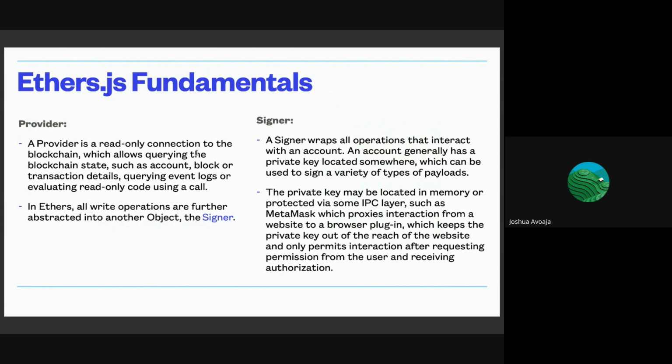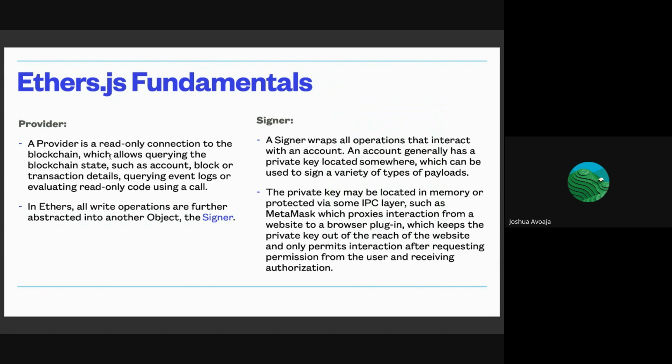for Ethers.js. The first one we'll be looking at is called a provider. Technically, a provider is a read-only connection to the blockchain, and it allows querying the blockchain state, such as getting the account of a connected user, getting block or transaction details, querying event logs, or evaluating read-only code.